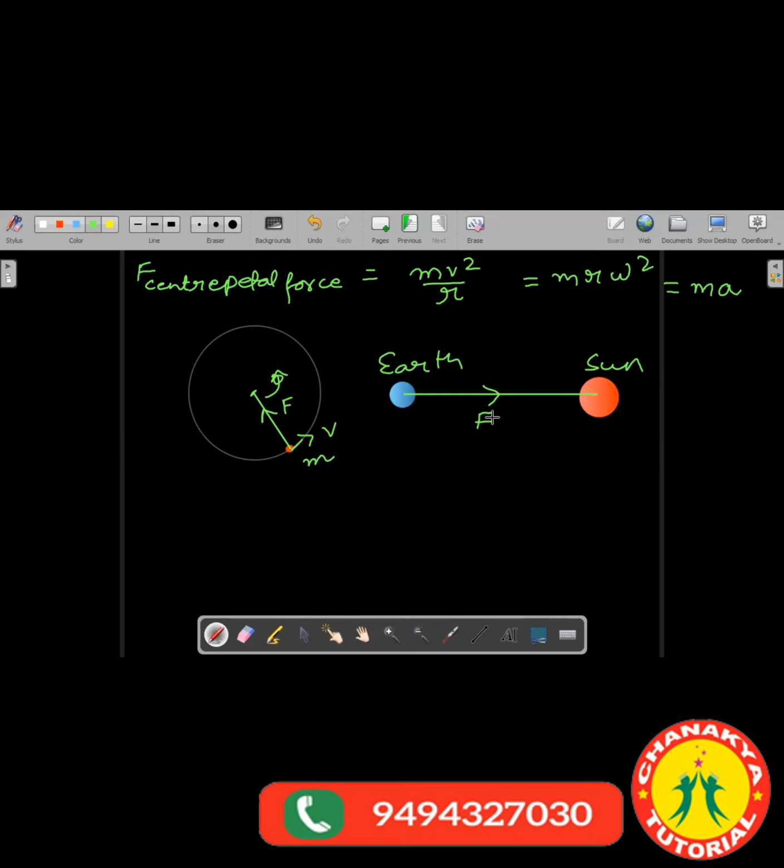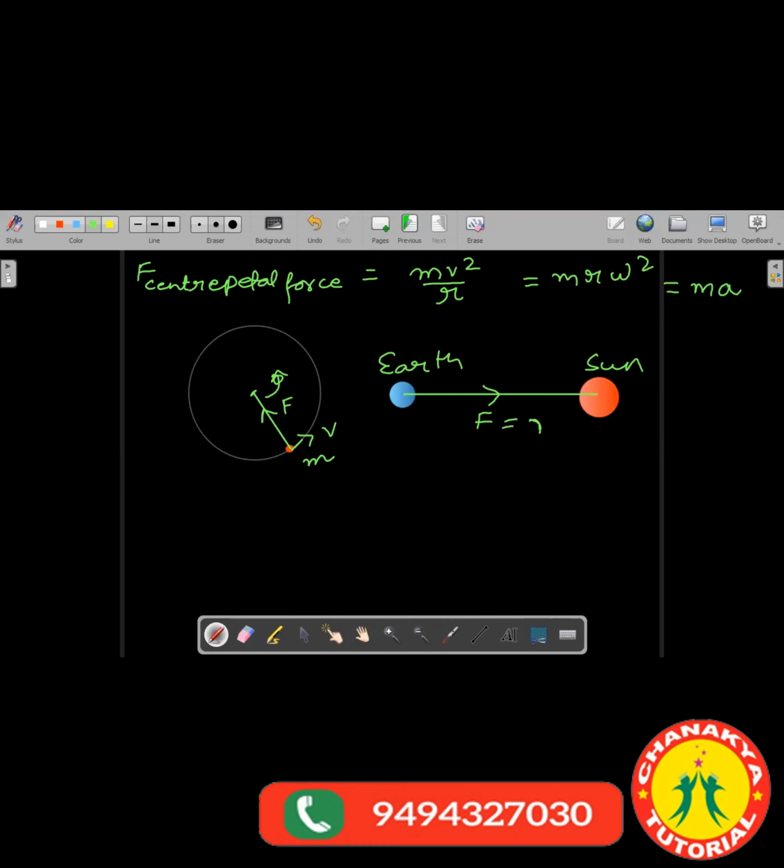So the necessary centripetal force F should be equal to m r omega squared, and this m r omega squared should be equal to the gravitational force. So here the gravitational force between Sun and Earth we know is given by F equals G M m by r squared.